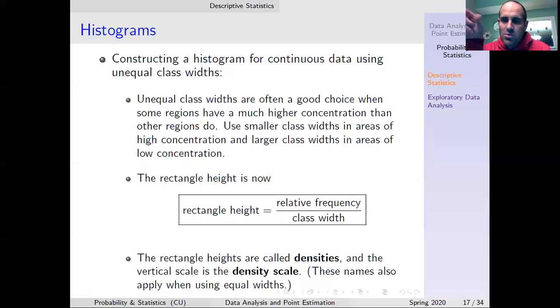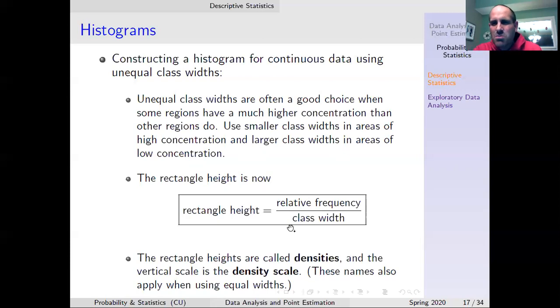And so you would need the class width times whatever the height is to be equal to the relative frequency. Well, that's only going to happen if the rectangle height is equal to the relative frequency divided by the class width. So look, just multiply through by class width, and you're going to have rectangle height times class width equaling relative frequency. Therefore, the rectangle height should be relative frequency divided by class width.